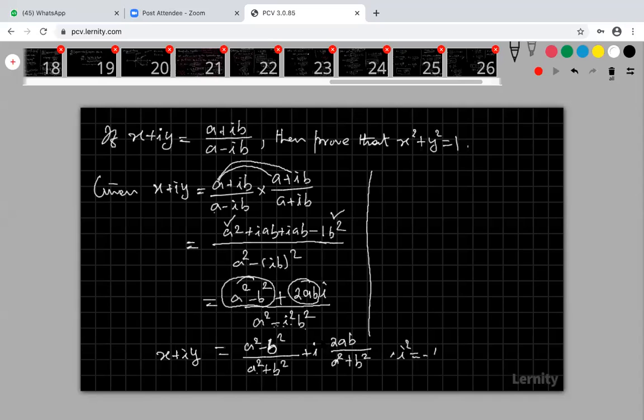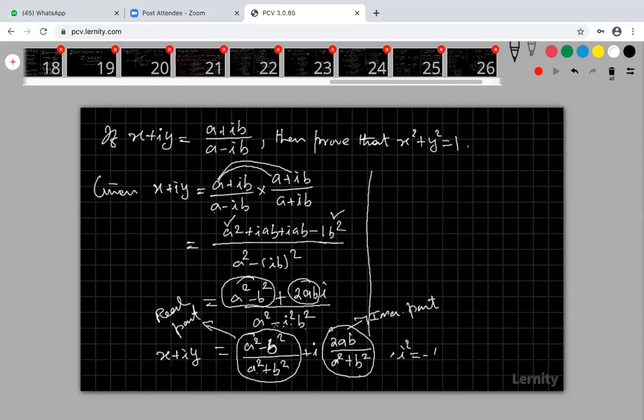Why, sir, are you writing like that? Because here there is no i, real part. No i means that is called the real part. Here there is some i, so therefore this is my imaginary part. I am separating. So this is my real part, this is my imaginary part.